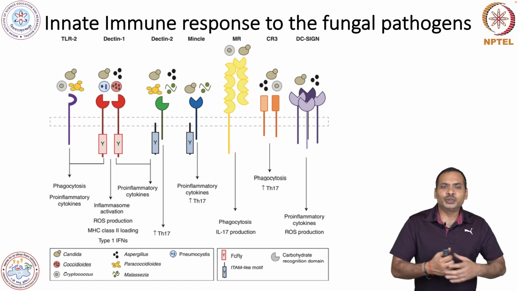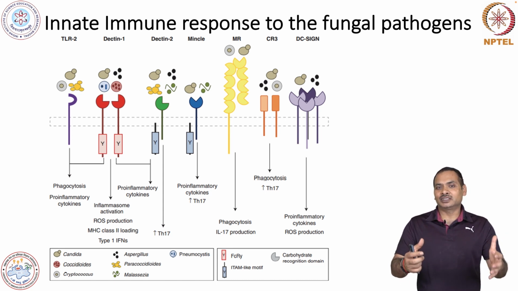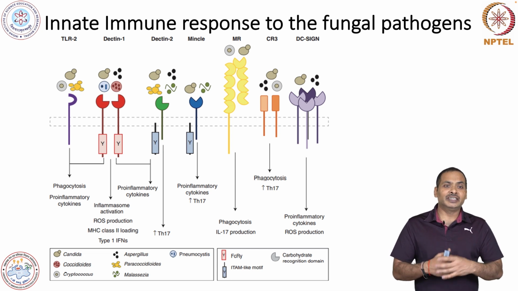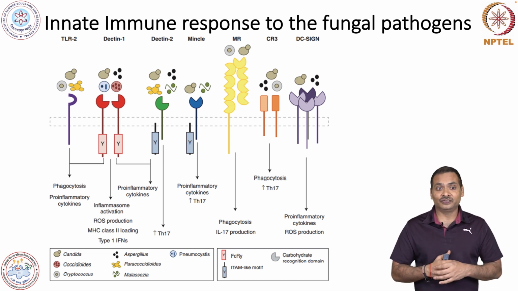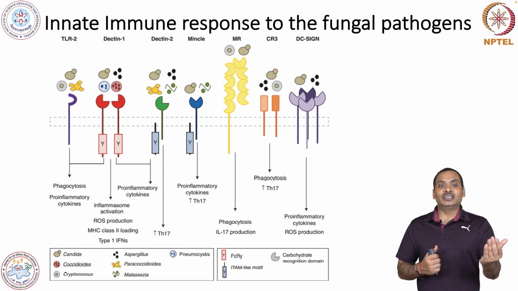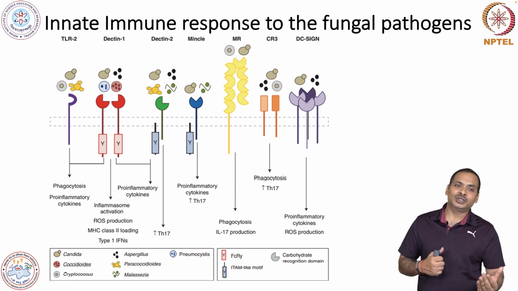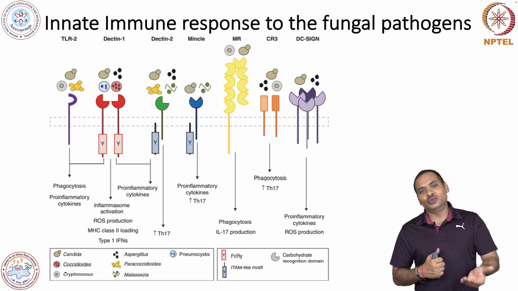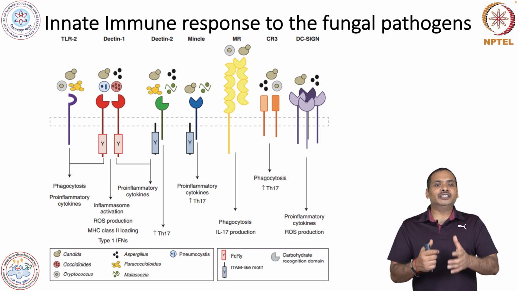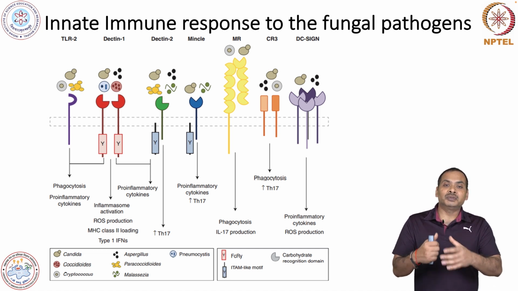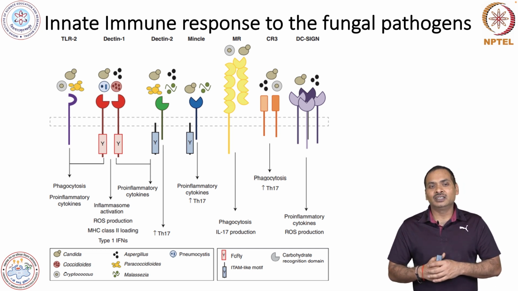Here again I am showing very complete information on the innate immune responses to fungal infection. Here you can see that there are various ligands. On top you can see TLR2, Dectin-1, Dectin-2, Mincle, the mannose receptor, complement receptor, and DC-SIGN.